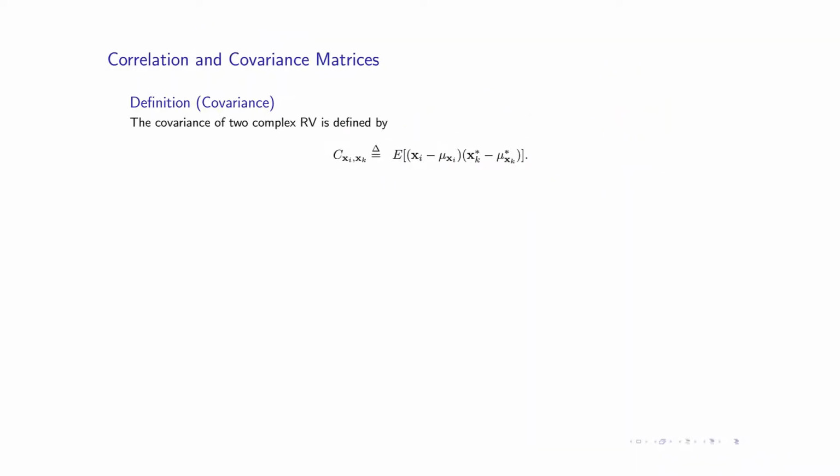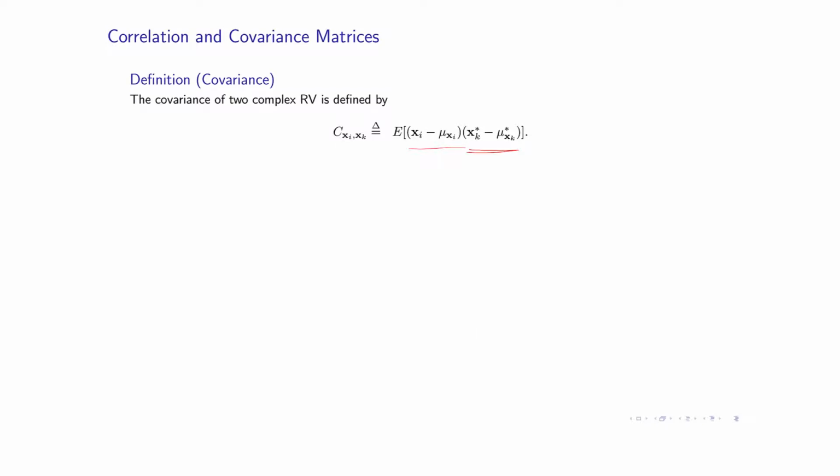We put a conjugate here because if this is complex, when you multiply these together, they have the properties of an inner product.